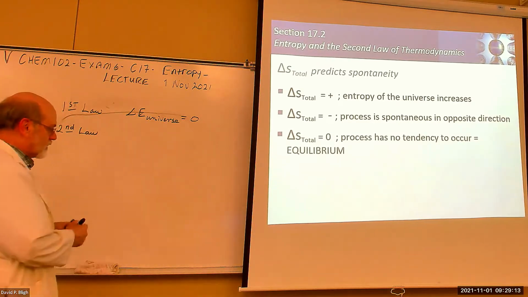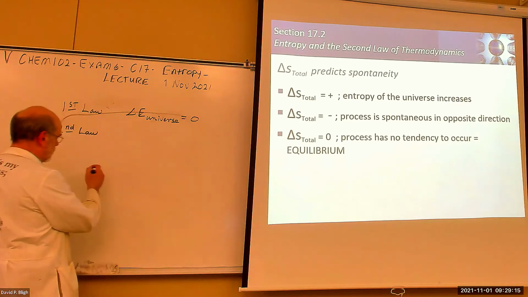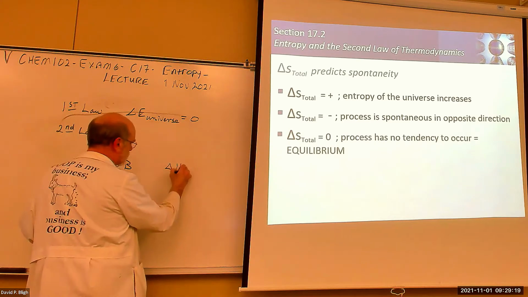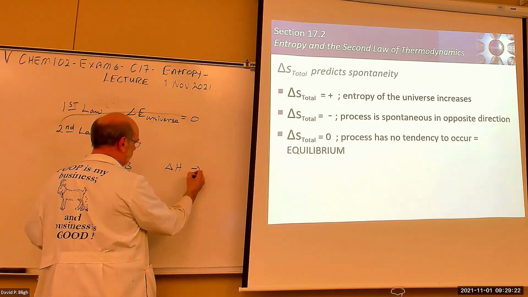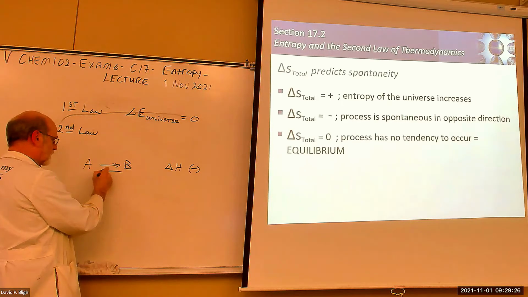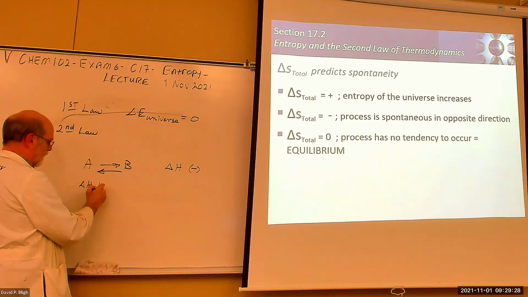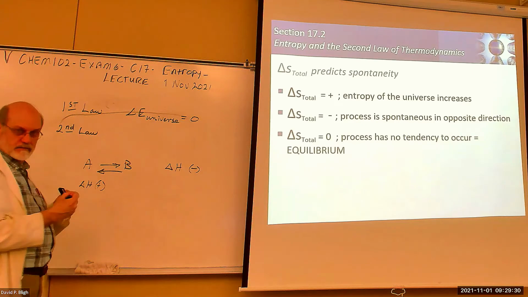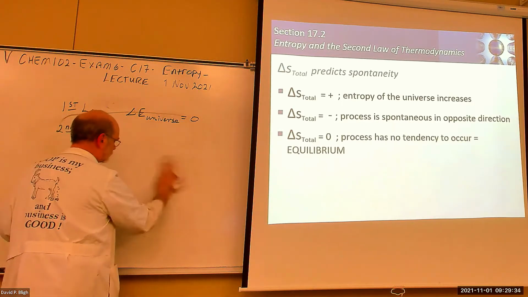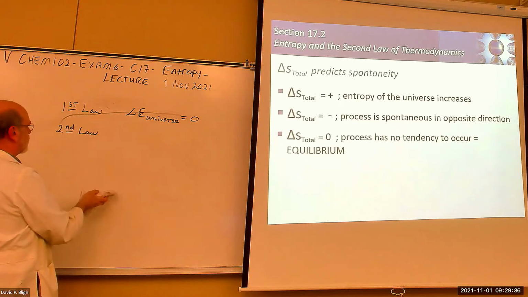So it's like any equation where you say A yields B and delta H is, say, negative for that process. Then if we reverse it, the delta H would be positive. Okay, it just goes the other direction. I think that polish helped.